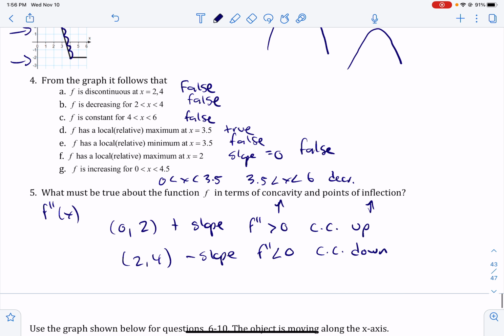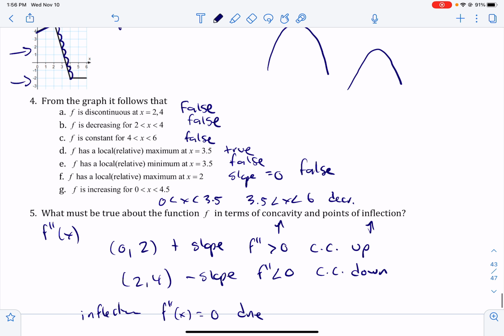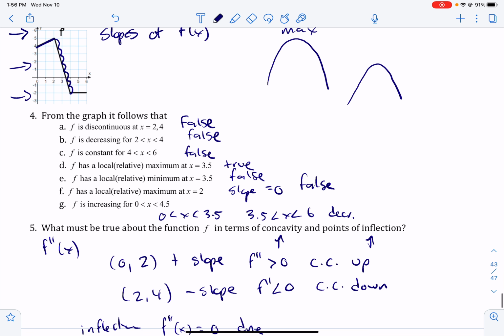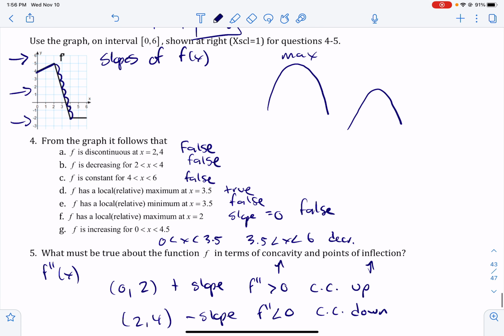Now, my inflection points happen when my second derivative is equal to 0, or does not exist. That's when I get inflection points. So if I look at where it is 0 or doesn't exist, I've got that right here at 2.